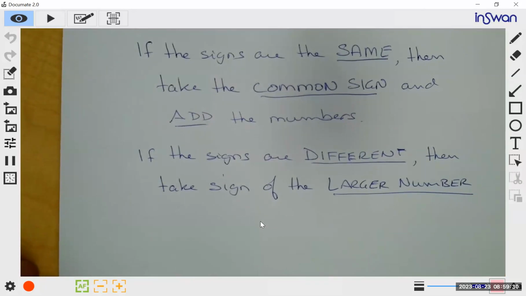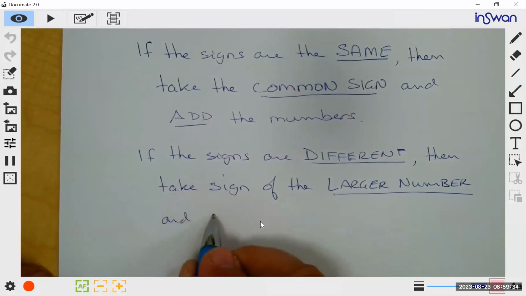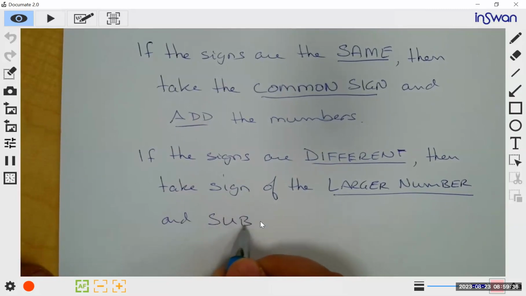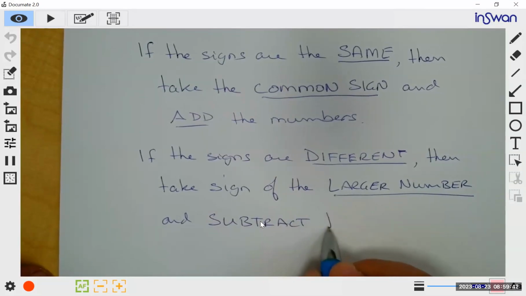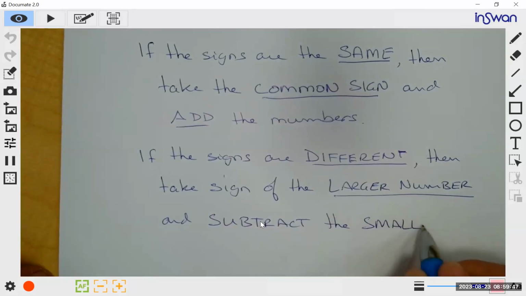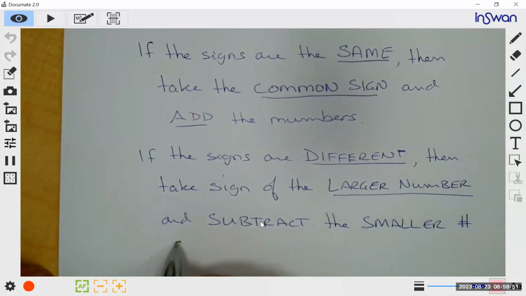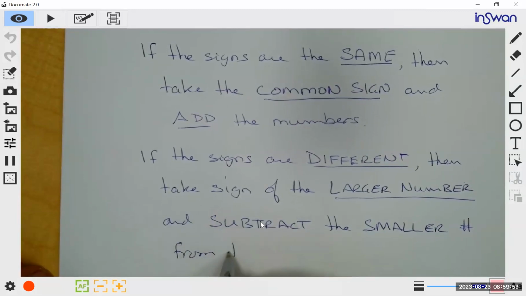So the answer is going to be the sign of the larger number if the signs are different. And subtract the smaller number from the larger number.